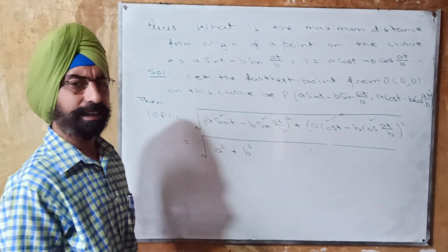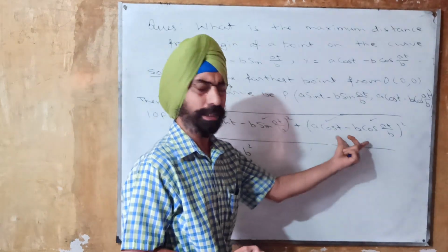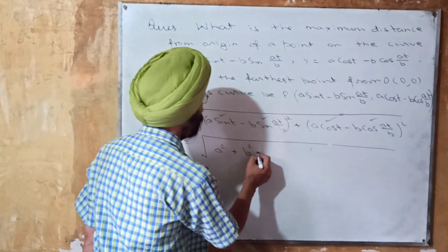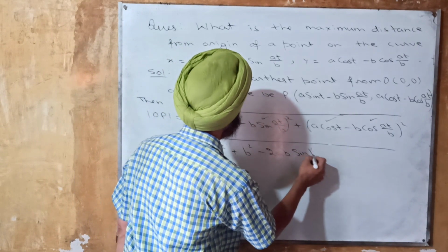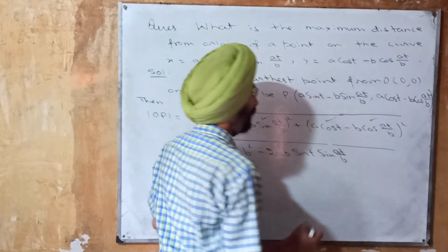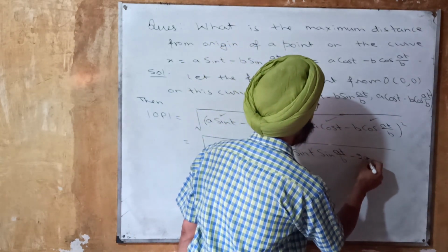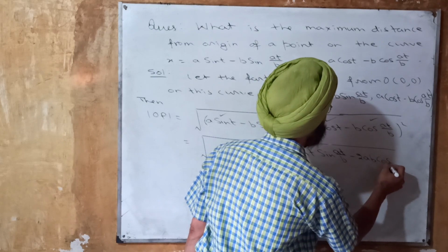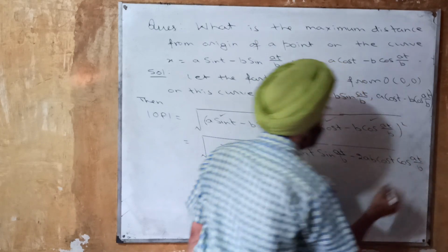Now two terms are there, the mixed term from here and the mixed term from here. The mixed term here is minus 2ab sin t sin at upon b, and the mixed term in the second bracket is minus 2ab cos t cos at upon b.